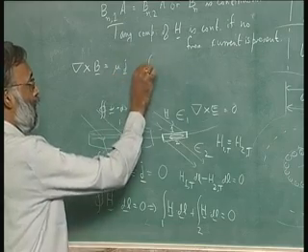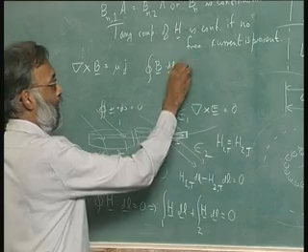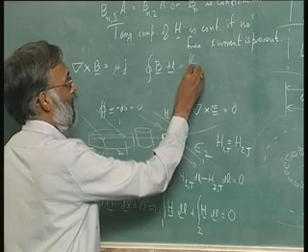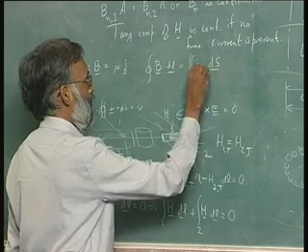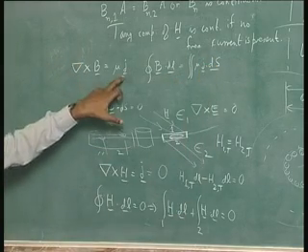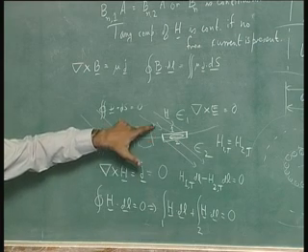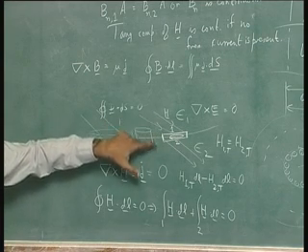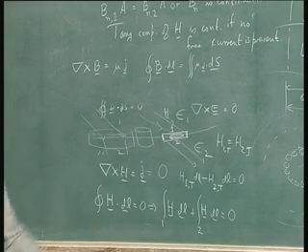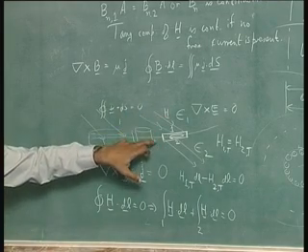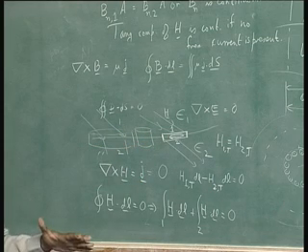So, I say loop integral B dot dl is equal to surface integral mu J dot dS. Now, J free may be 0, but anytime I have two magnetically sensitive materials with different permeabilities mu 1 and mu 2, what is going to happen is at the surface boundary between these two there is going to be a surface current.